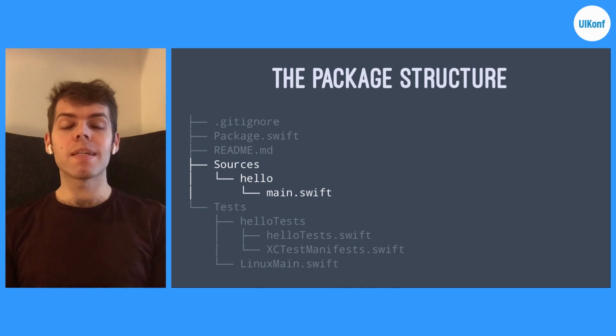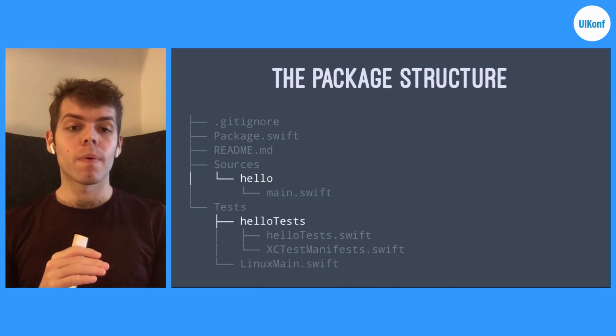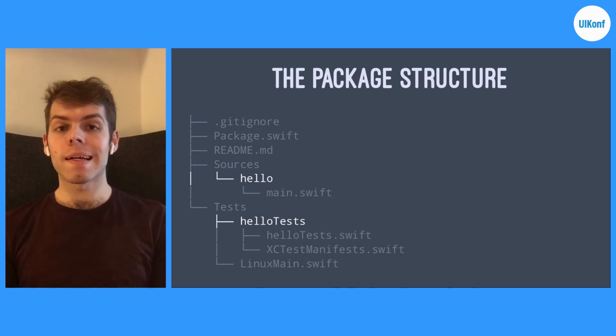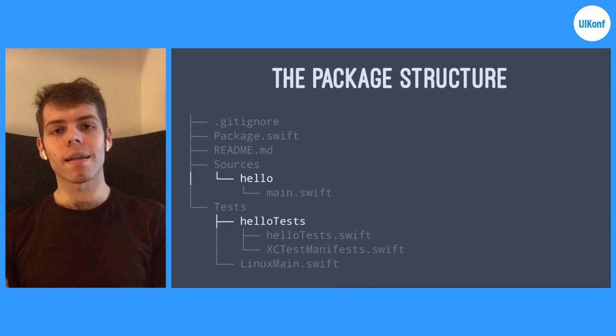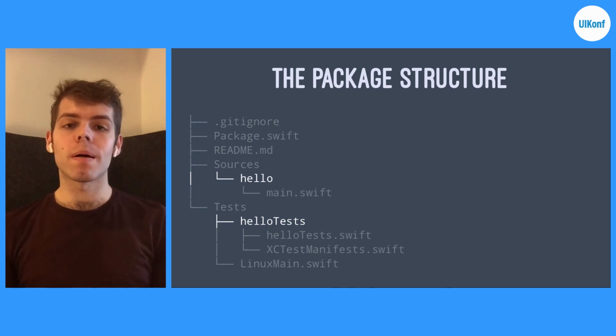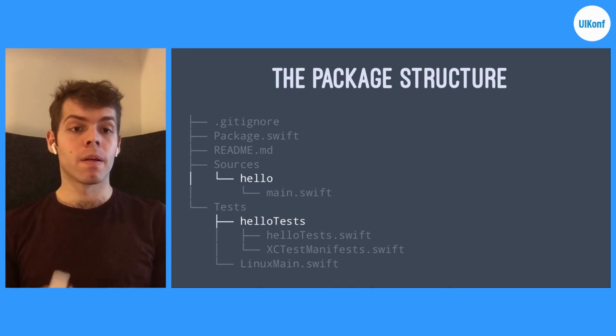Then we have the Sources folder, which will contain all our build targets. As you can see, the command already creates two targets for us: a hello build target and a hello test target. Targets in Swift packages are kind of like folders where everything that is declared within that folder is available. All the declarations are available to every other file within that folder.